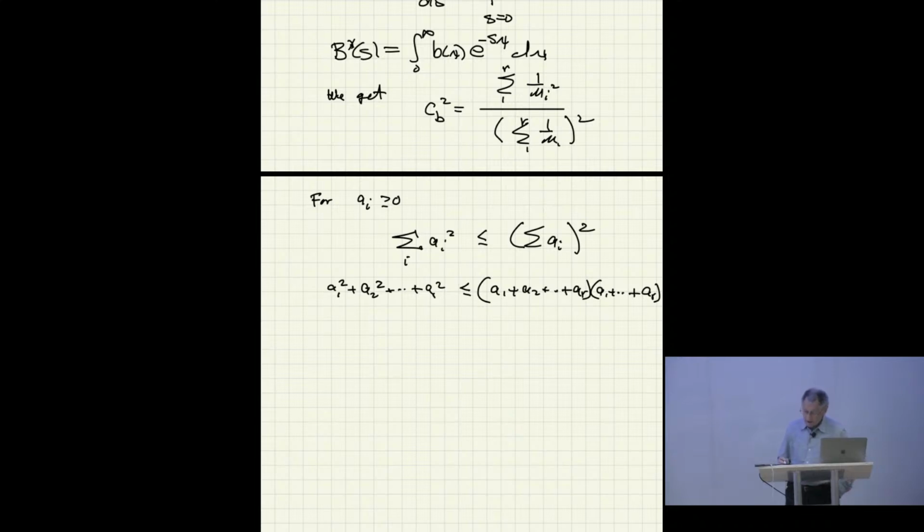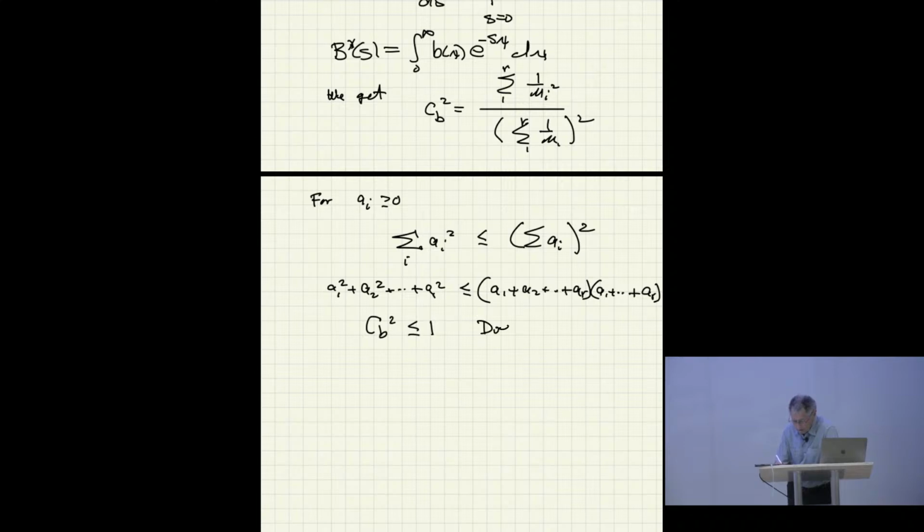Well, if that's the case, then this baby downstairs is greater than the upstairs. Son of a gun. C sub b squared, again, is less than or equal to 1.